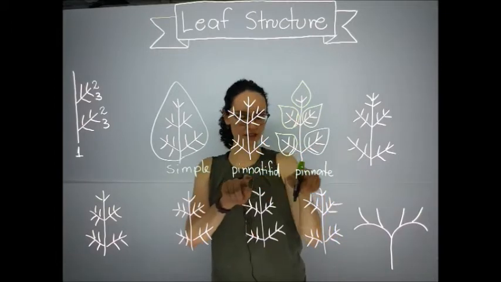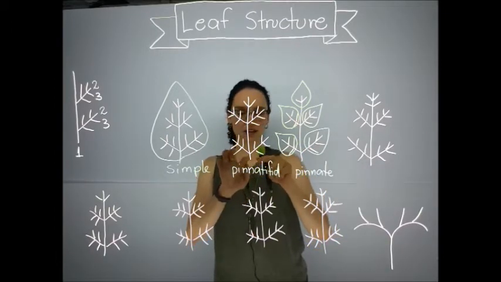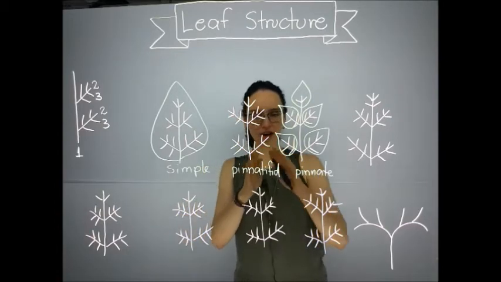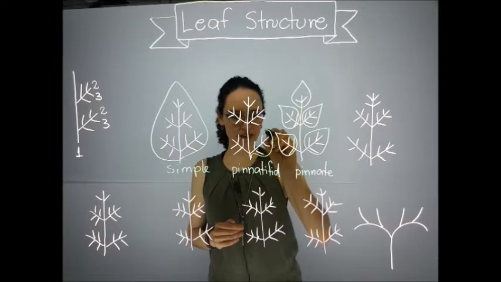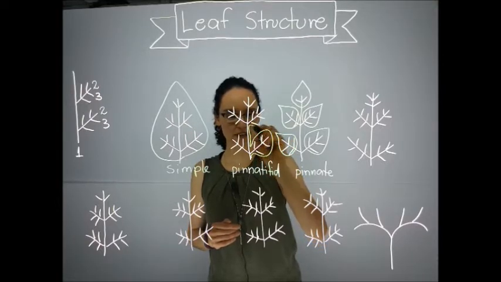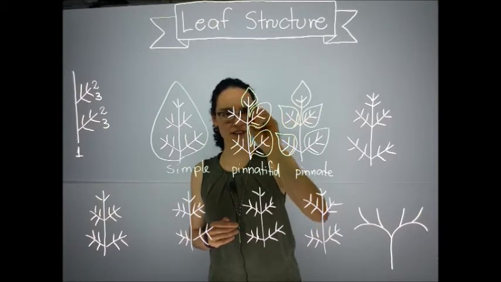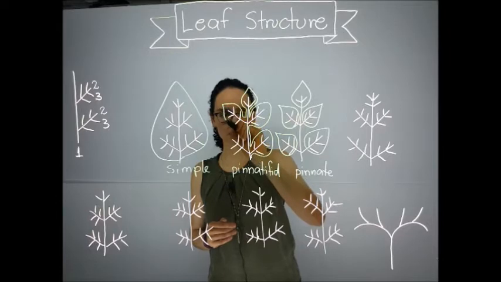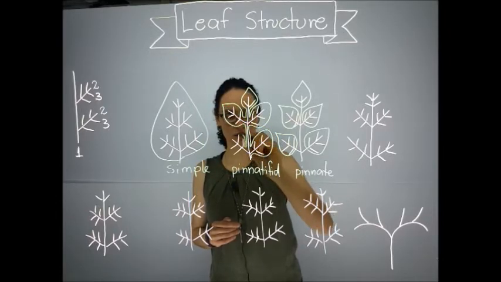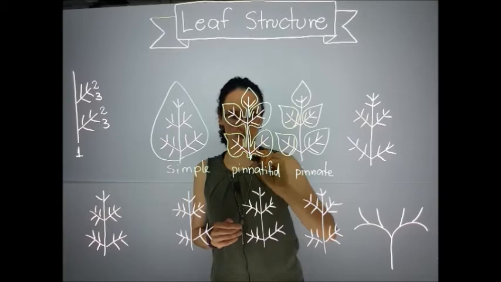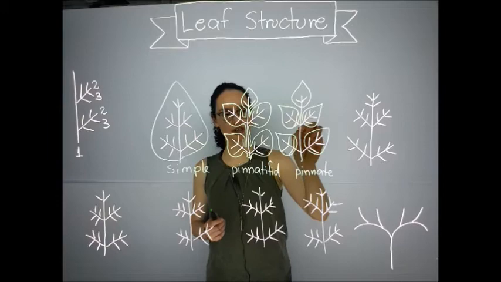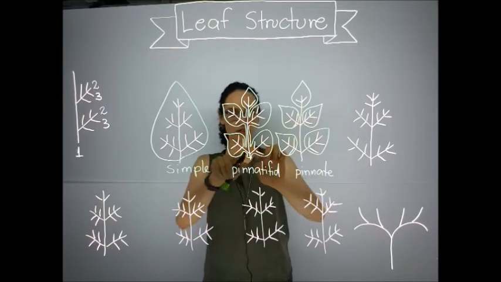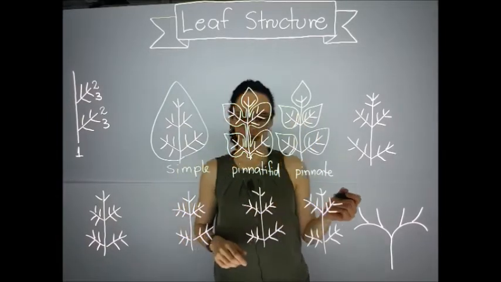And the pinnatifid is like the pinnate, except that it doesn't completely go out. It looks like it's pinnate, but you still find some blade around the central axis, but it's cut closer to the axis, and it seems like you have the separate leaflets. Okay, so here the rachis, which we call the central part, is really free of blade, while here you have the blade going around.